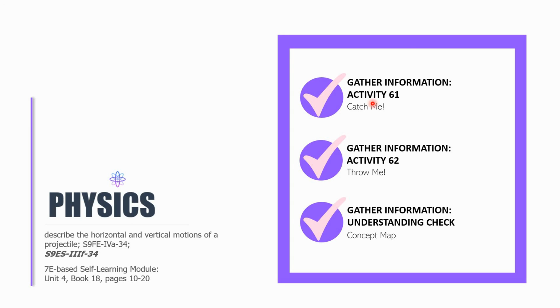And then the last part is gather information, understanding check, concept map. We are still working on the following learning competency, describe the horizontal and vertical motions of a projectile, and I hope that you were able to follow through with your copy of the 7E-based self-learning module for Science 9, which I developed. So that's it.